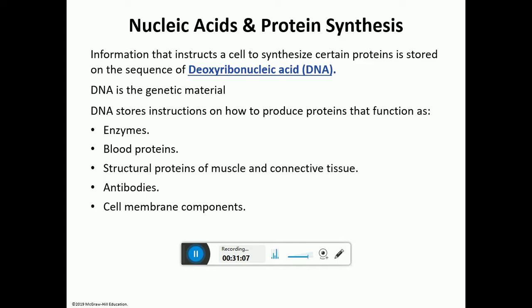That manual is known as the genetic material, and that genetic material is found in the DNA, or deoxyribonucleic acid. So the DNA stores the instructions on how to make enzymes, blood proteins, and any proteins, whether it's muscle, connective tissue, epithelial tissue, antibodies. If you can think of anything that's in the body, it needs a manual, and that manual is going to be found in the DNA.